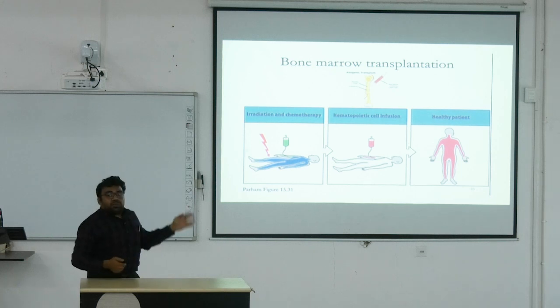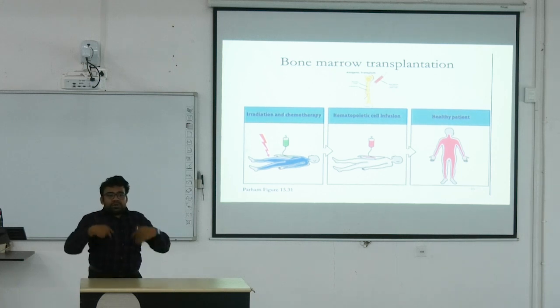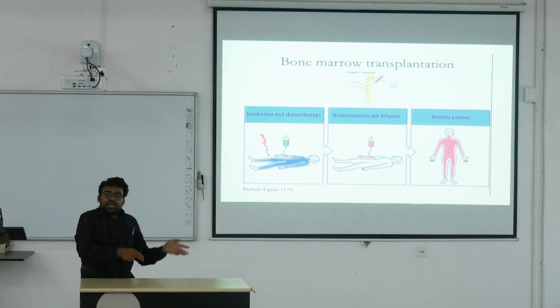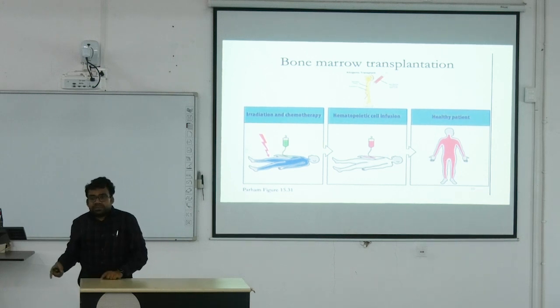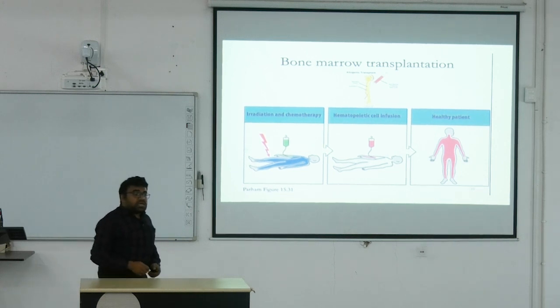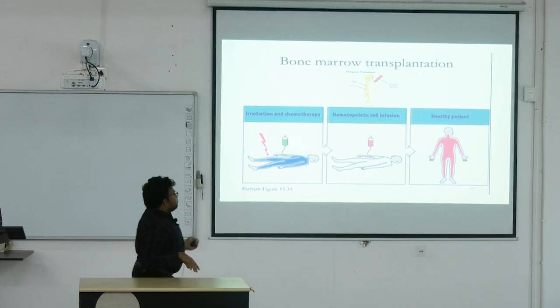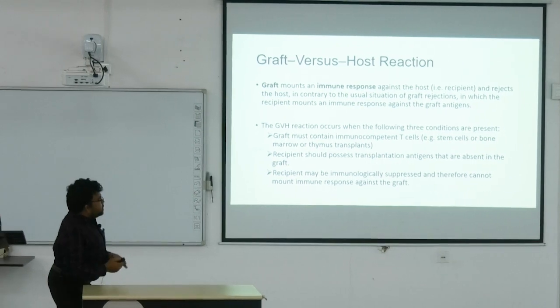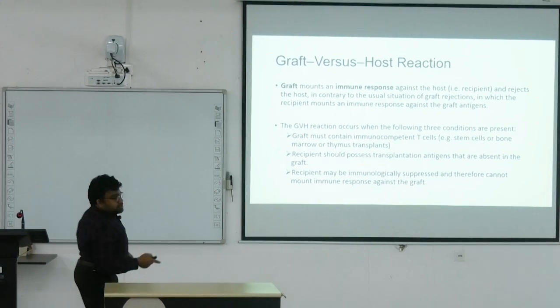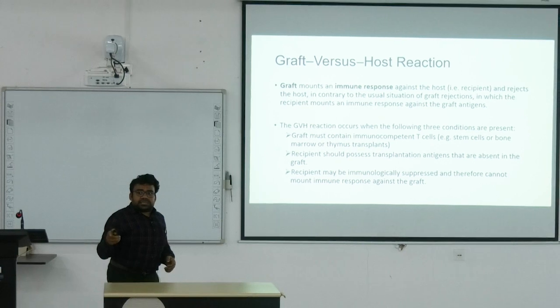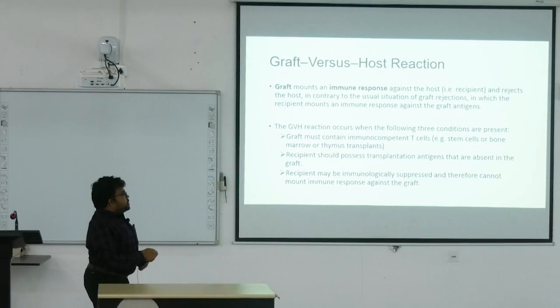Over here, what is the graft? It is the hematopoietic cells. They will start acting on the recipient. This is what is known as graft versus host disease. So, graft versus host disease is when the graft, that is the transplanted cells, mount an immune response against the host.